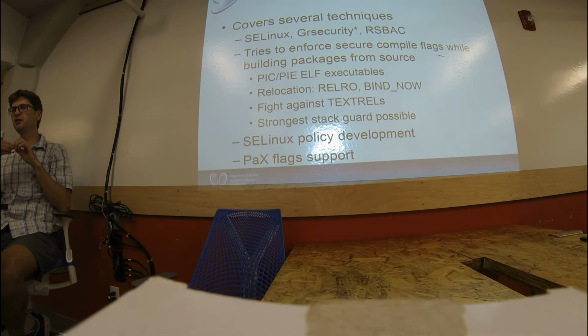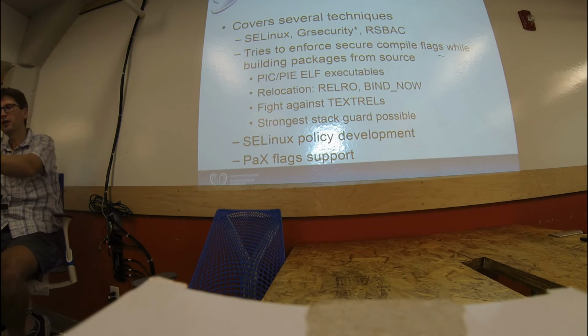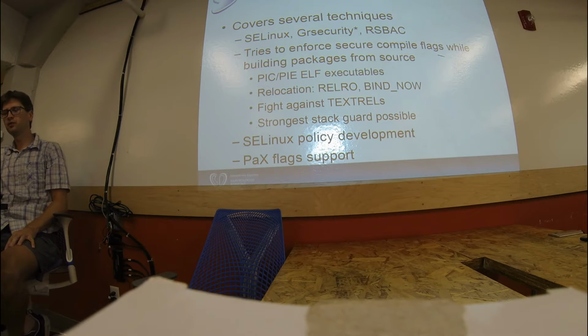So for SE Linux, there are some interested people who try to maintain the policy. There are some GR security interested folks who are trying to keep a list of PAX flags on the system. These are flags which say that an executable requires some additional settings, a little bit lowering the security to be able to run.